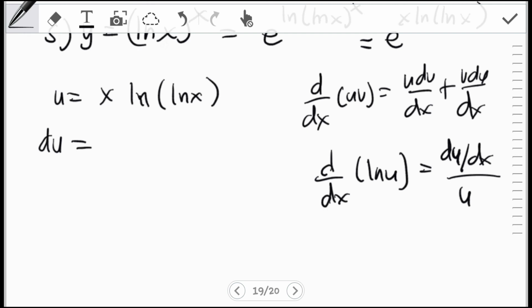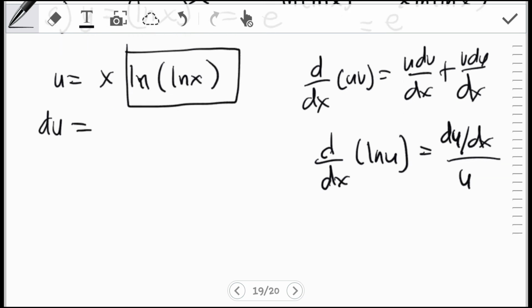First, we focus on how to derive by using the logarithmic differentiation formulas. Let's say this is u. So when you derive ln x, that is equivalent to 1 over x. Therefore, du over dx here is 1 over x.